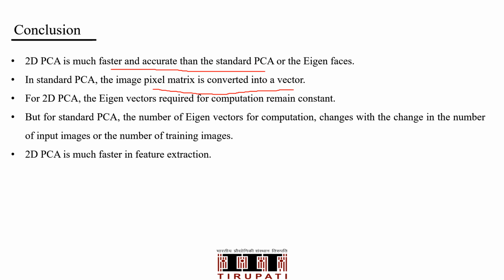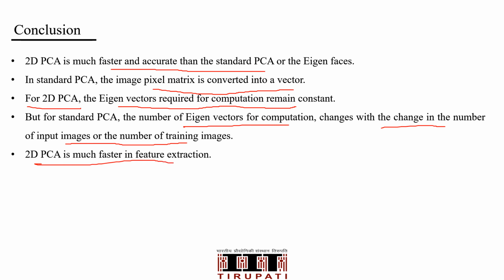And from our results, we can say that eigenvectors required for computing remain constant in case of 2D PCA. But for standard PCA, the number of eigenvectors for computing changes with change in number of image inputs or the number of training images. And 2D PCA is much faster in feature extraction. We have even better models for facial recognition.